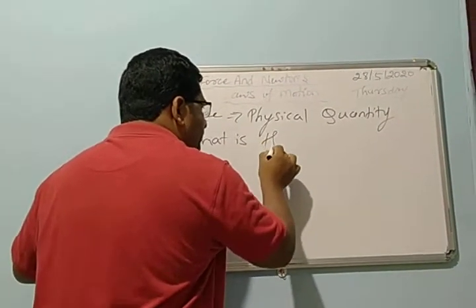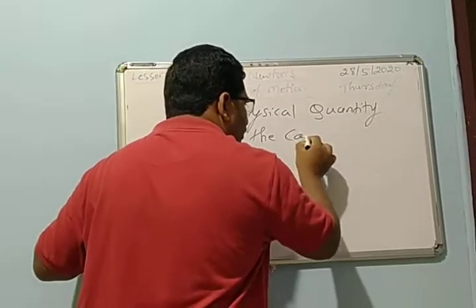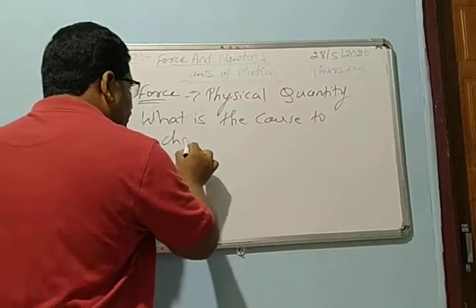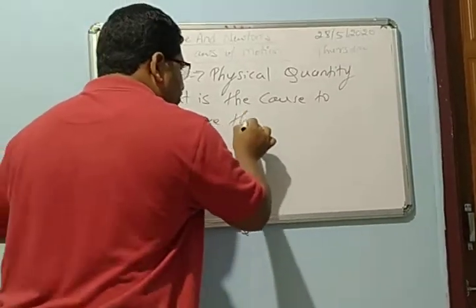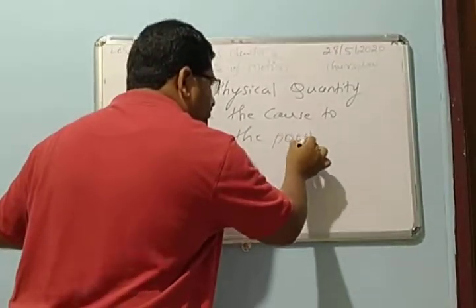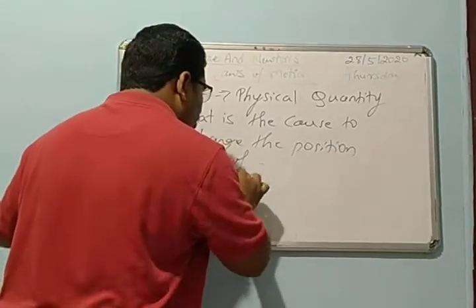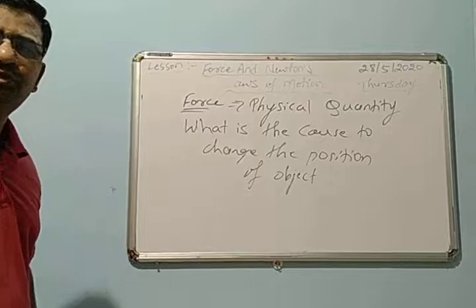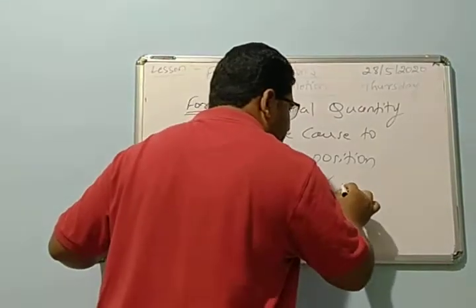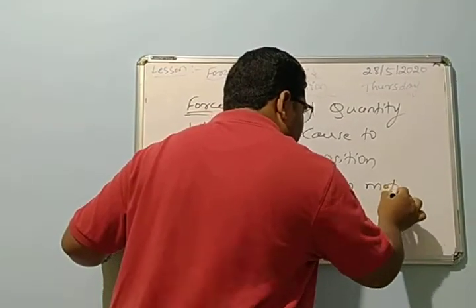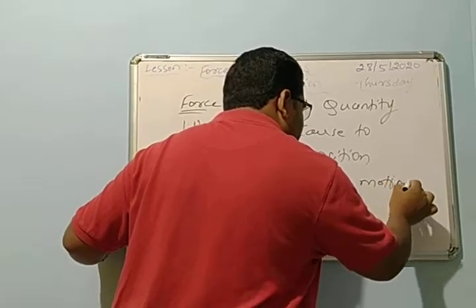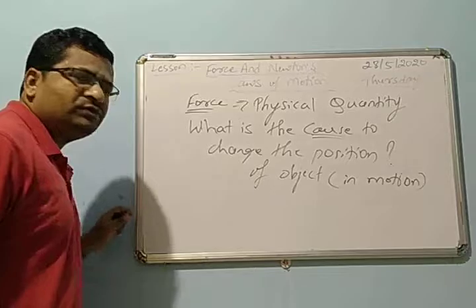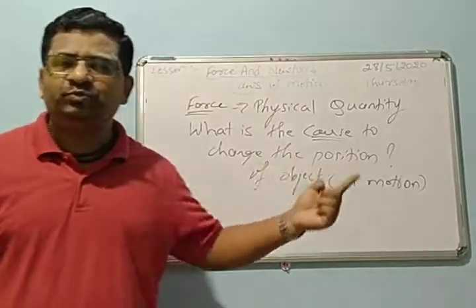What is the cause for an object which is in motion to change its position?